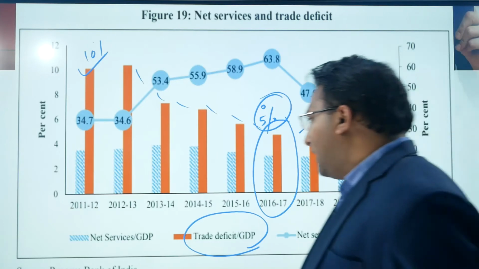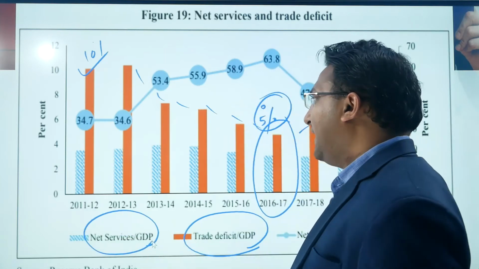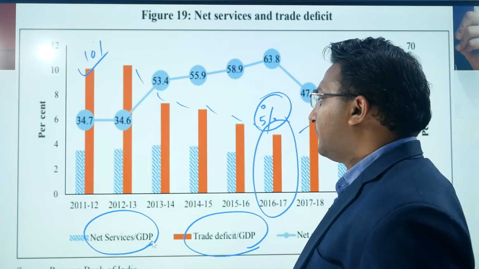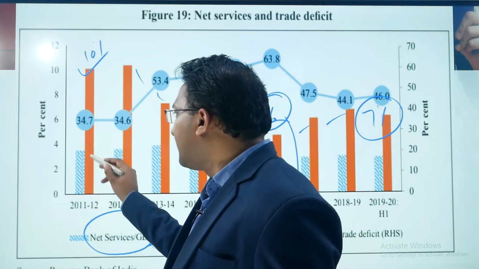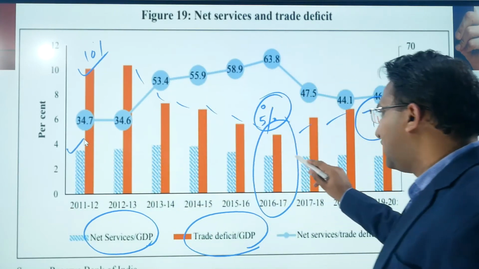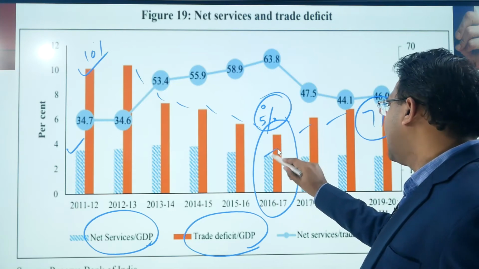Another aspect is net services as a percentage of GDP. If we see this in 2011-12, this is approximately 4%, and there is an almost similar trend, and here in 2016-17 there is a decline.